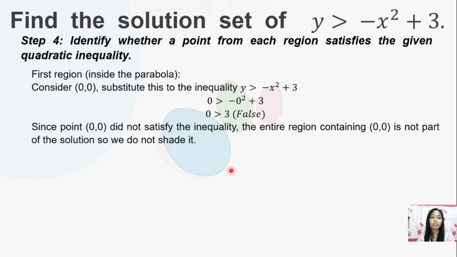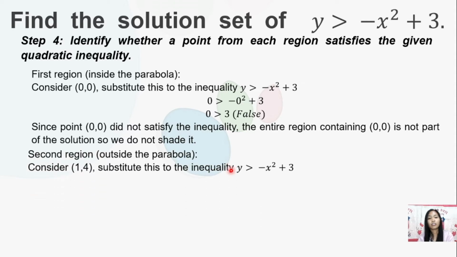Next is for us to consider the second region, or the region outside the parabola. So we consider the point with ordered pair (1, 4), and substitute this to the inequality y is greater than negative x squared plus 3.